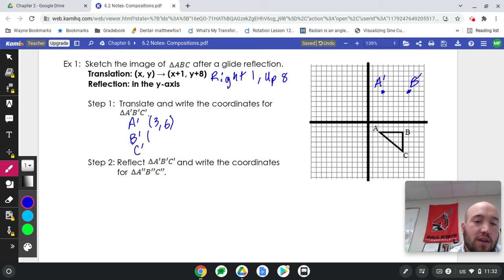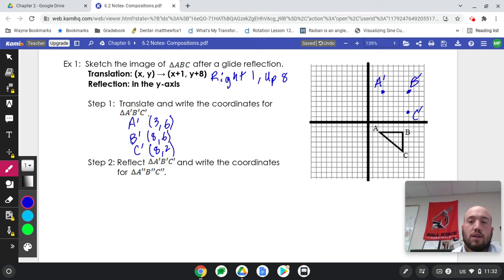And that will be at the point 8, 6. And then finally, C prime, right 1, up 1, 2, 3, 4, 5, 6, 7, 8. And that will be at the point 8, 2. Okay, now all I have to do is connect those dots.